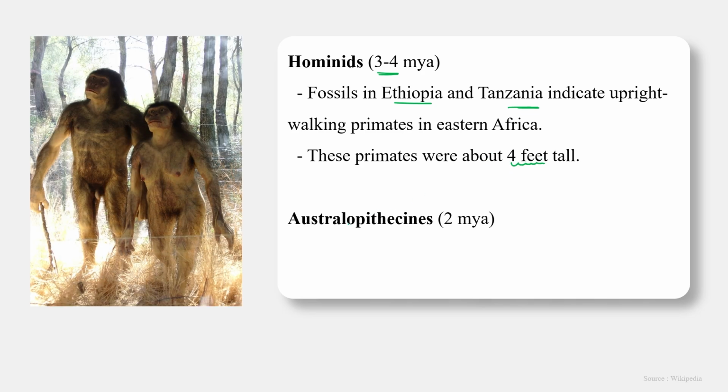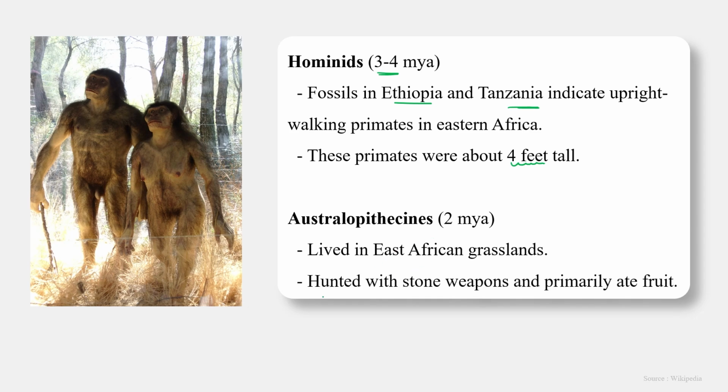Then Australopithecus. They were found about 2 million years ago. They lived in East African grassland, and they hunted. They used stone weapons for their hunting purpose, but primarily they ate fruits.